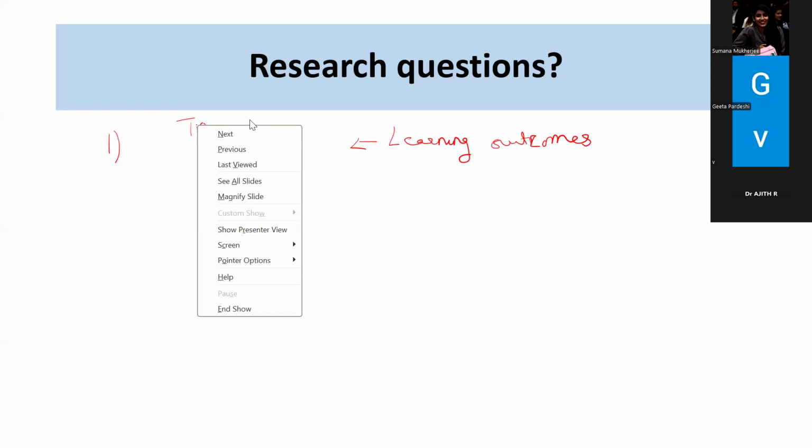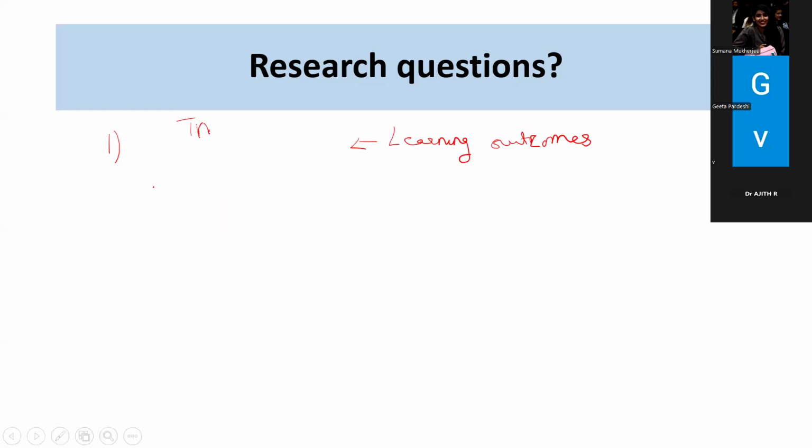Right. So you said that we would have the routine method, the traditional methods, and the new virtual dissection. You want to compare, right? So you want to look at the effect of the virtual dissection table on learning outcomes compared to the traditional methods. Yes, somebody else was saying something.